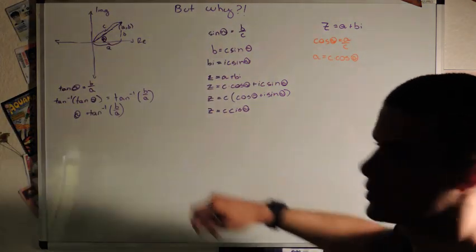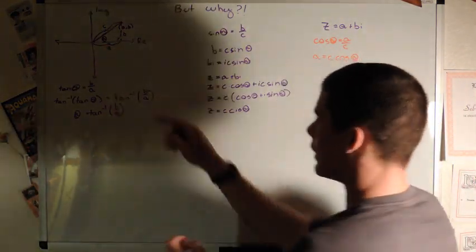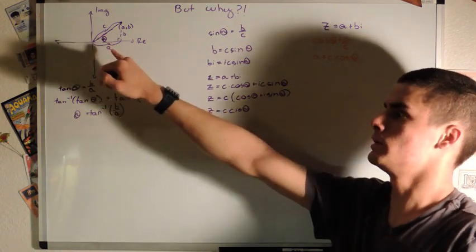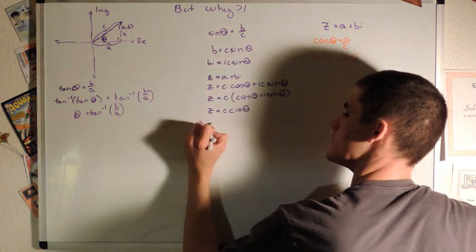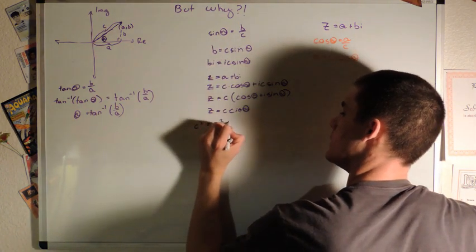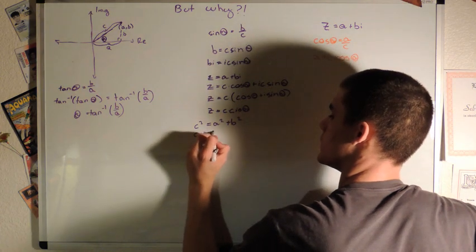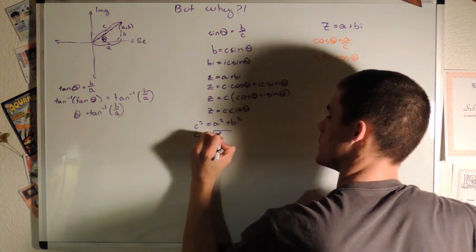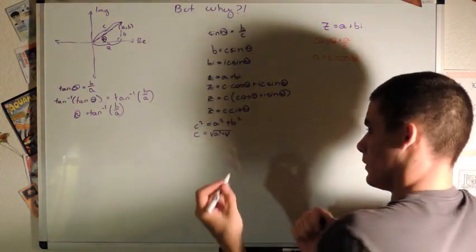But what does c equal? Well, this is a right triangle here. By the Pythagorean theorem, c squared is going to equal a squared plus b squared, so c is going to equal the square root of a squared plus b squared. Notice no i.